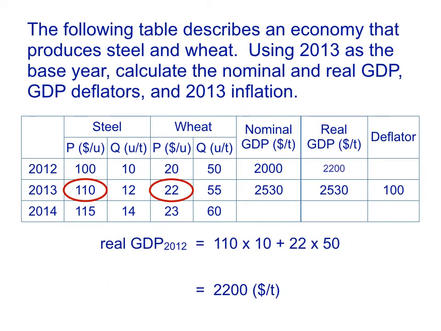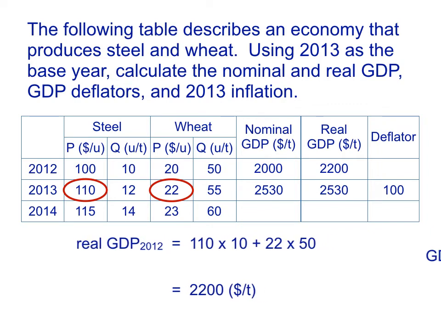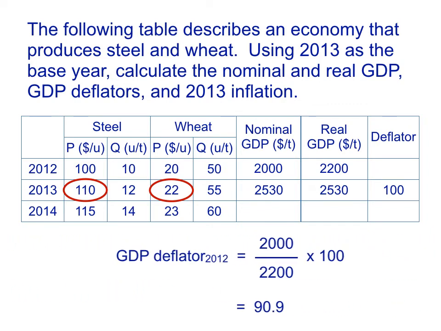Moving on to the real GDP of 2012, I've got the prices in 2013, 110 multiplied by 10 plus 22 multiplied by 50. This gives me 2200. And in order to get my deflator for 2012, I'm going to take the nominal and divide it by the real.